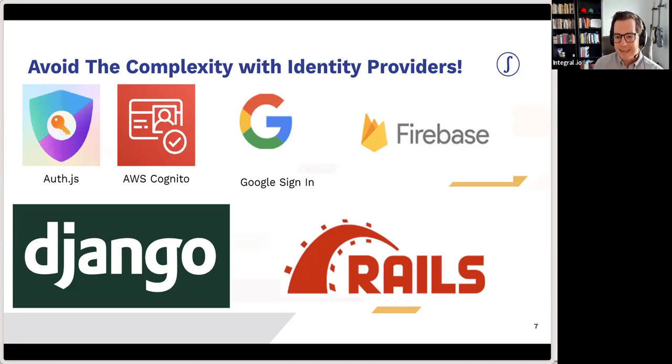Or if you're doing Next.js or React, there's this library called Auth.js, which I've personally used and I really like. So before you start writing all of the code yourself, I highly recommend looking into these tools in order to do the authentication for your web application. These take a lot of the work out of it, but you still need to know how it works generally. And that's what we'll be going over today.